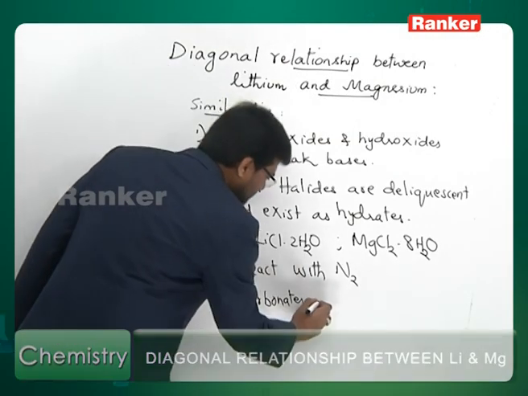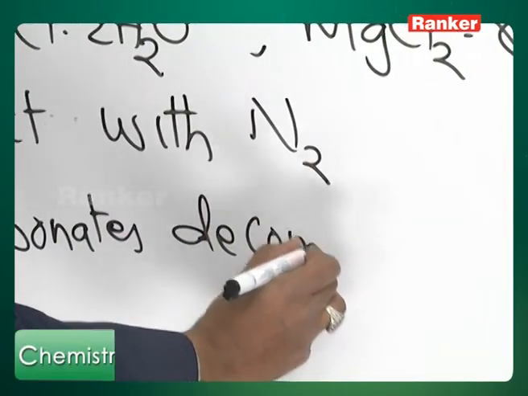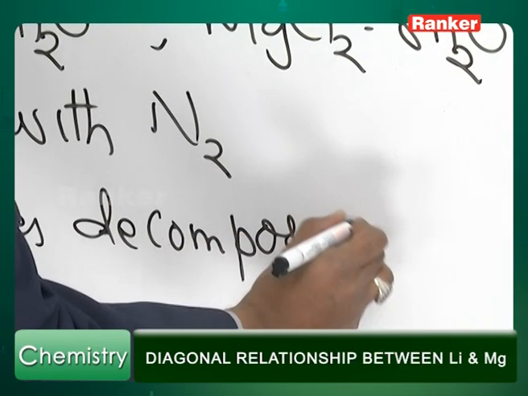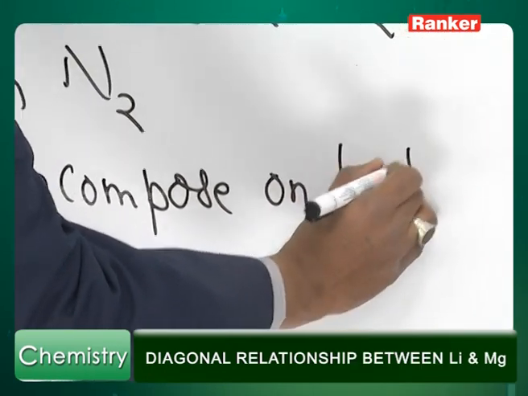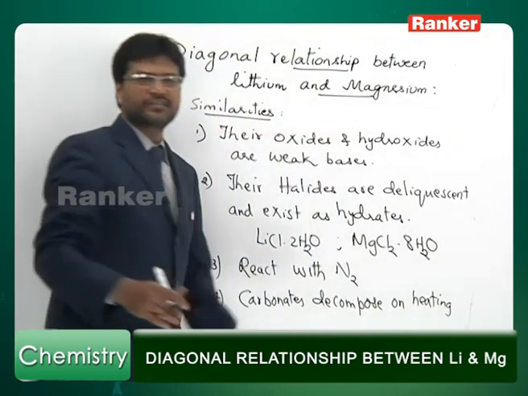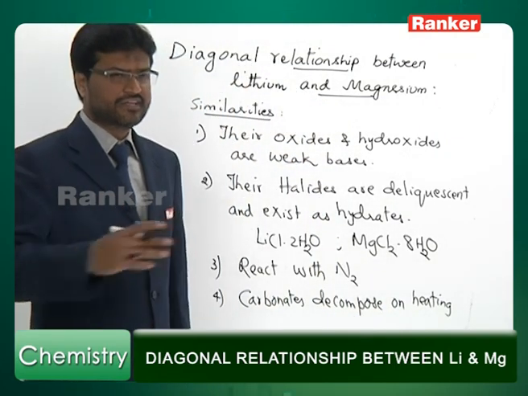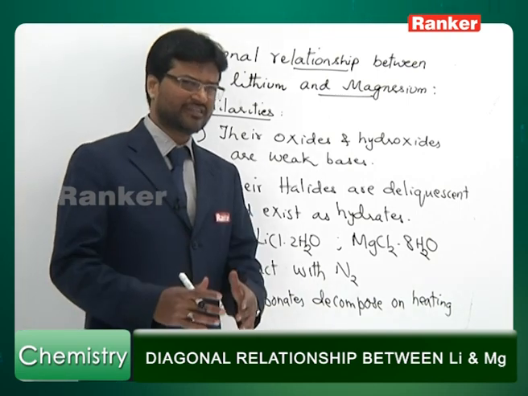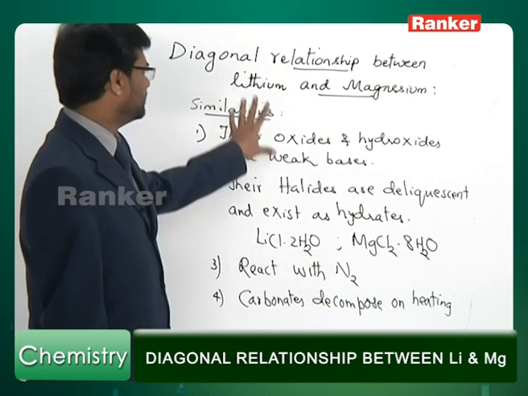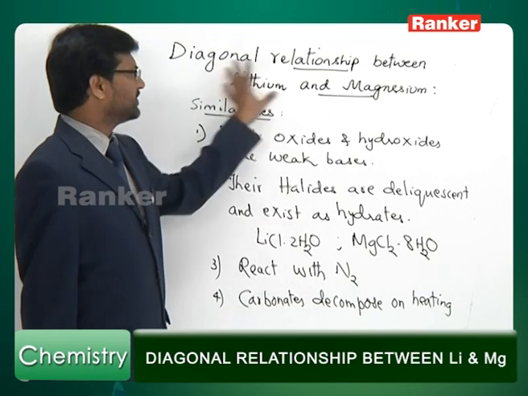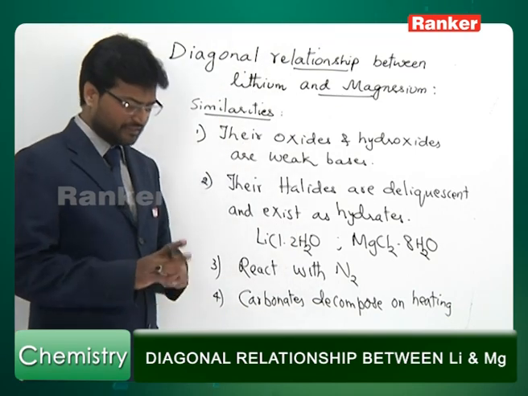Their carbonates decompose on heating. Whether it is lithium carbonate or magnesium carbonate, when heated, they decompose to give corresponding metal oxide and carbon dioxide gas. So these are few points regarding diagonal relationship between lithium and magnesium.